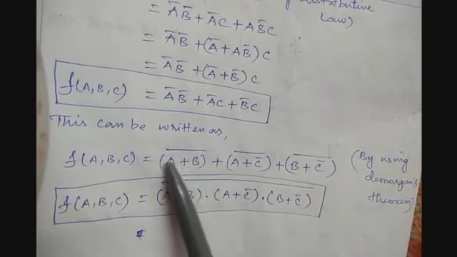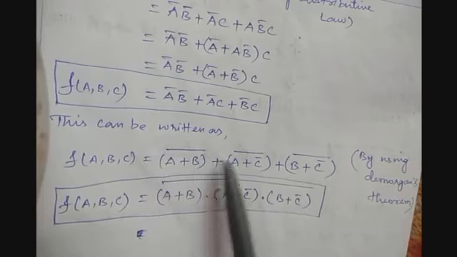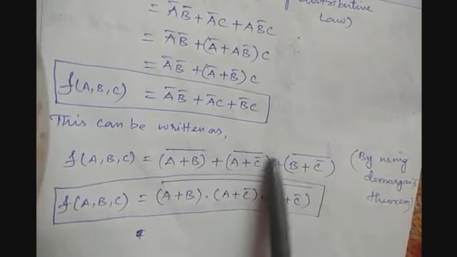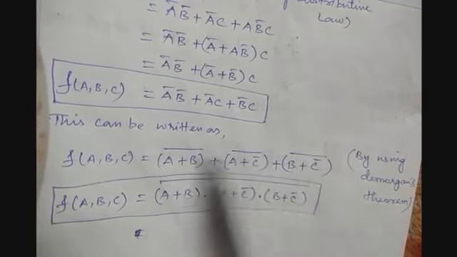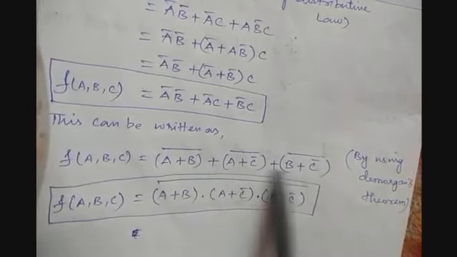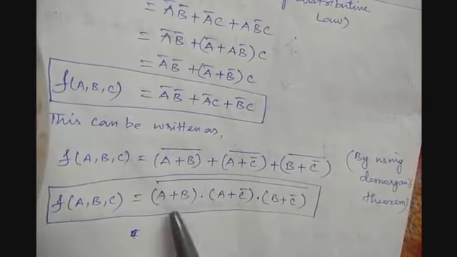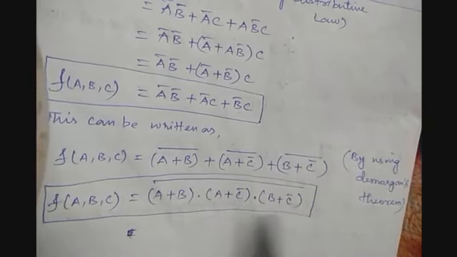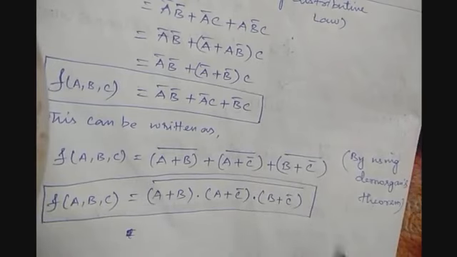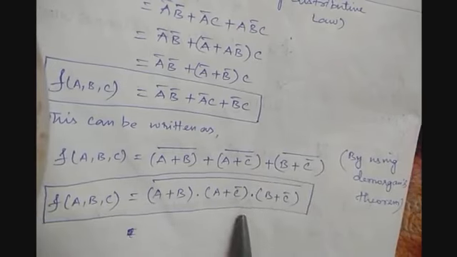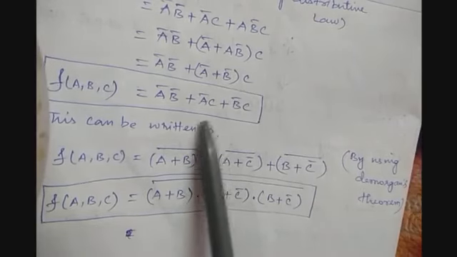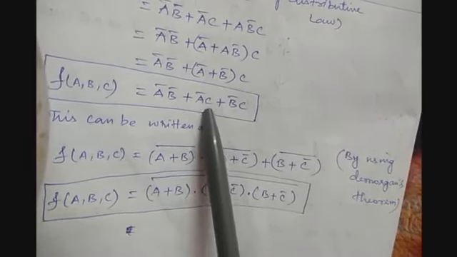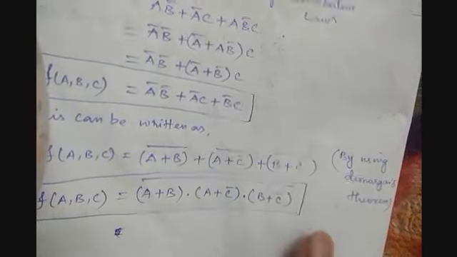At last it looks like first term bar plus second term bar plus third term bar, which means all 3 terms are complemented and added. Then here also we can apply De Morgan's. Finally, we got a plus b dot a plus c bar dot b plus c bar, whole bar. This looks like a NAND formation. So you can do it like this, or otherwise you can implement the NAND logic from the earlier expression also, no issue.